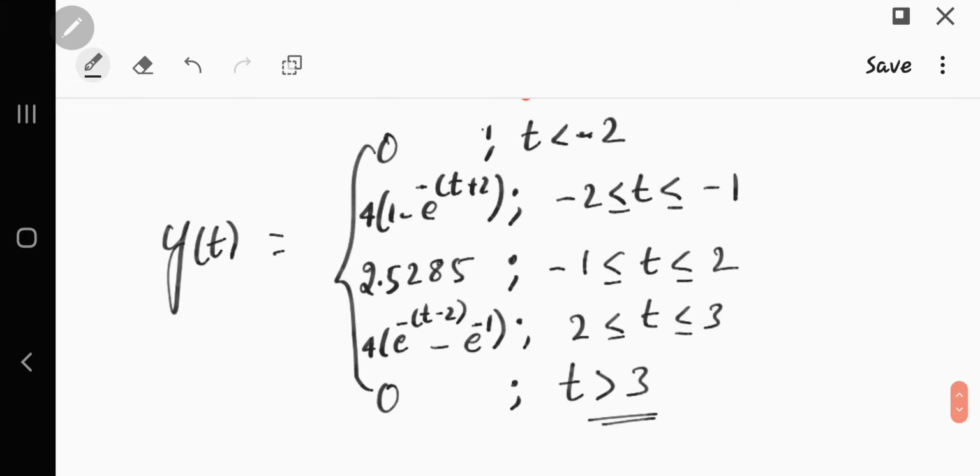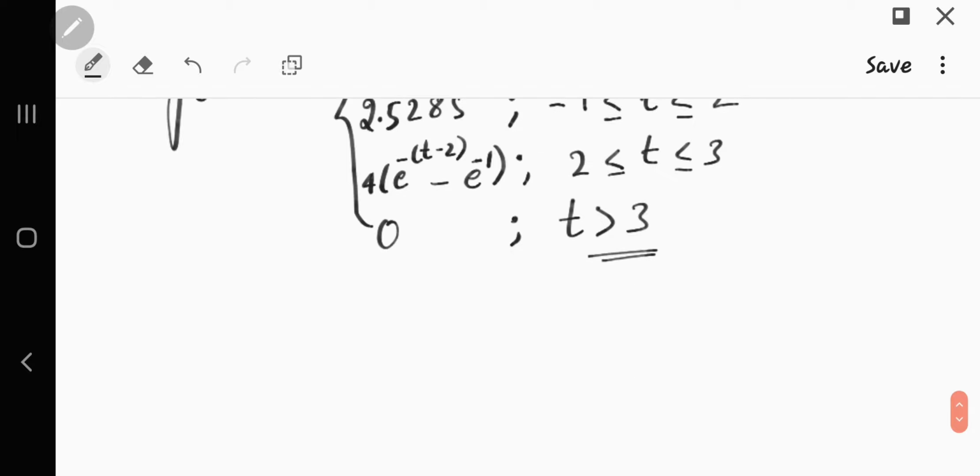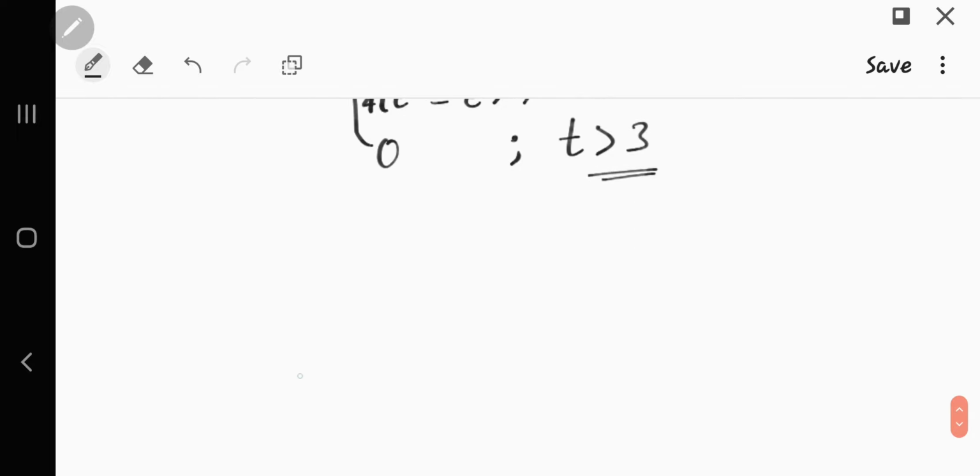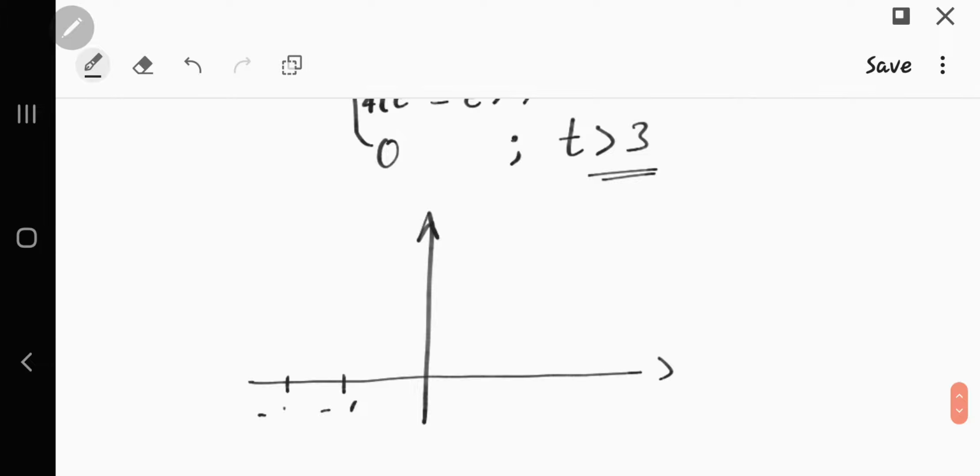And from 2 to 3 you will get again an exponential signal, I guess. I will just give you the plot here, how it will look like. I want you to make sure whether you are getting the same or not.